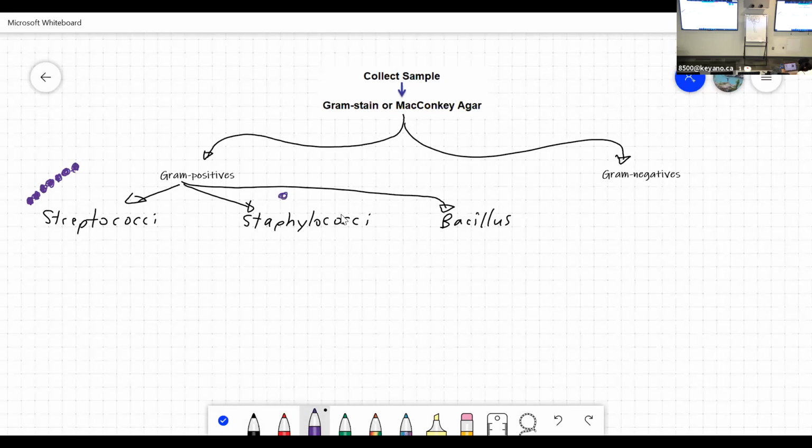Staphylococci, they're clusters. And Bacillus are rod-shaped. There we go, some beautiful cells, right?